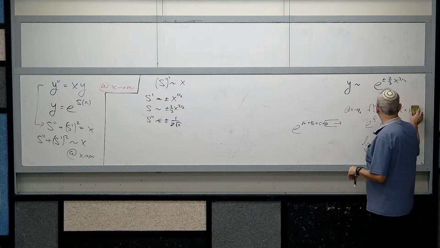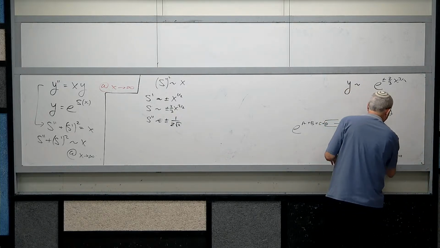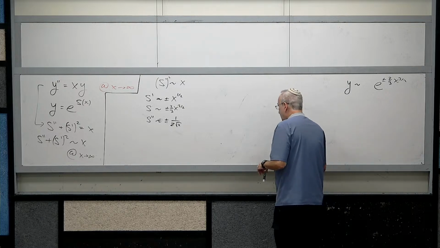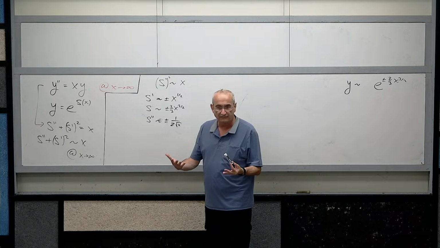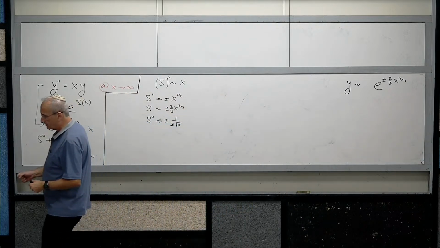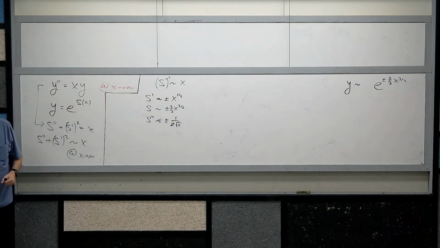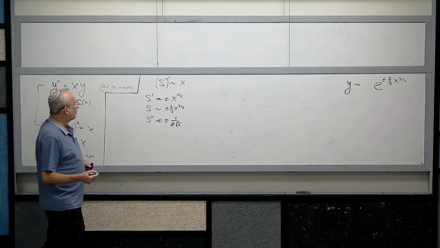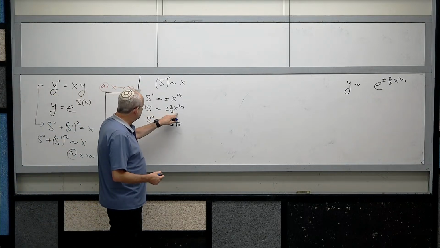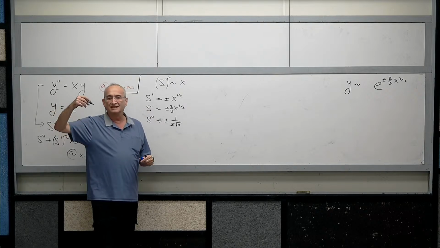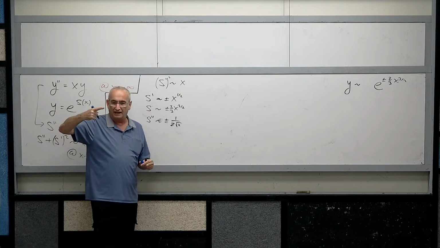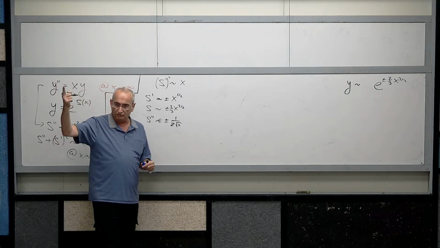Okay? Good. So this is a controlling factor, and now we would like to calculate the next correction to the controlling factor. How are we going to do that? Okay. So we know that S is this, and the next correction is negligible with respect to that, right, as x goes to infinity.